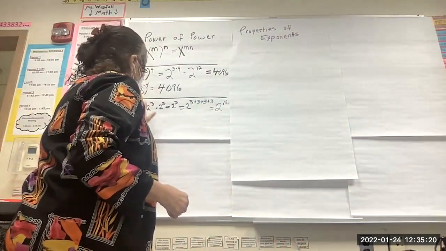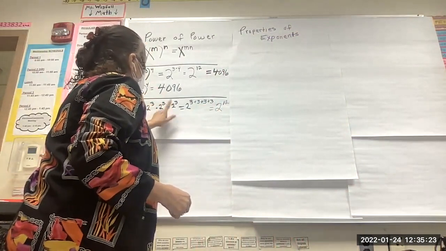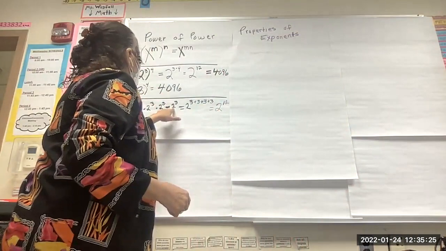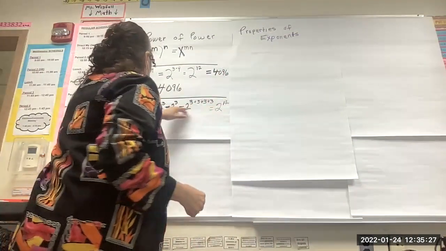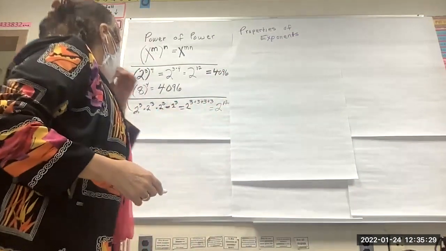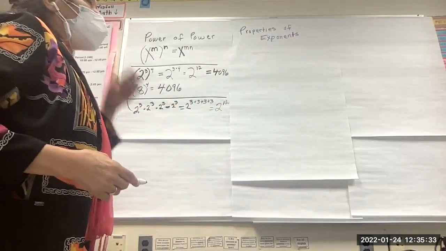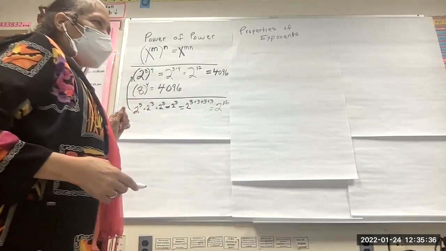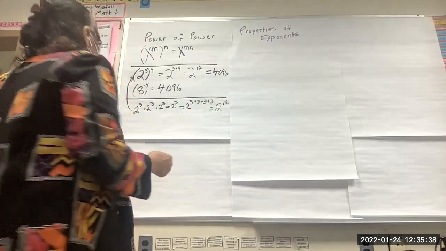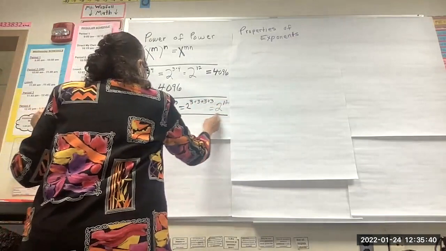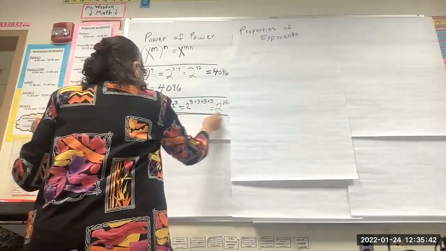So 2 to the third times 2 to the third times 2 to the third times 2 to the third is equal to 2 to the 12th, because using the other rule, when the numbers multiply, the powers add, remember? And so that's just another way of doing the same problem, using a different rule.